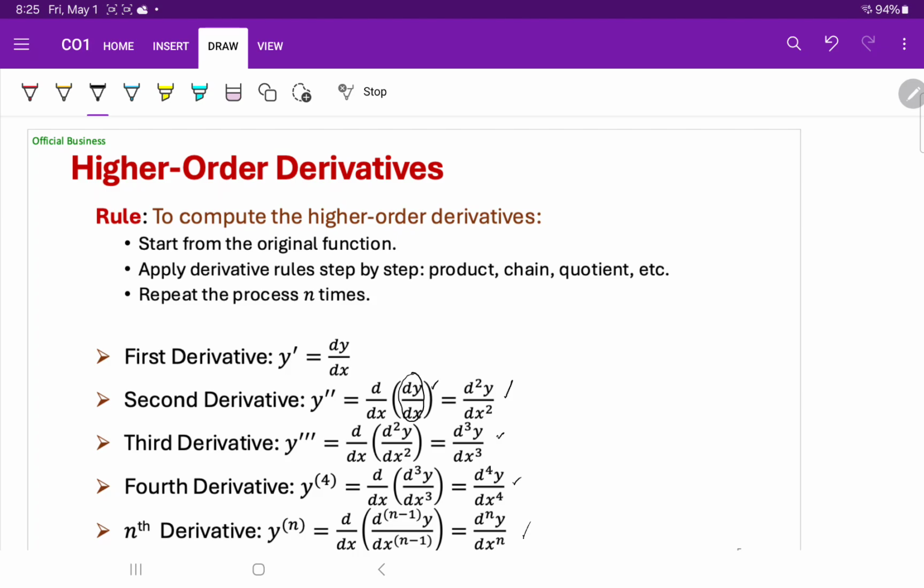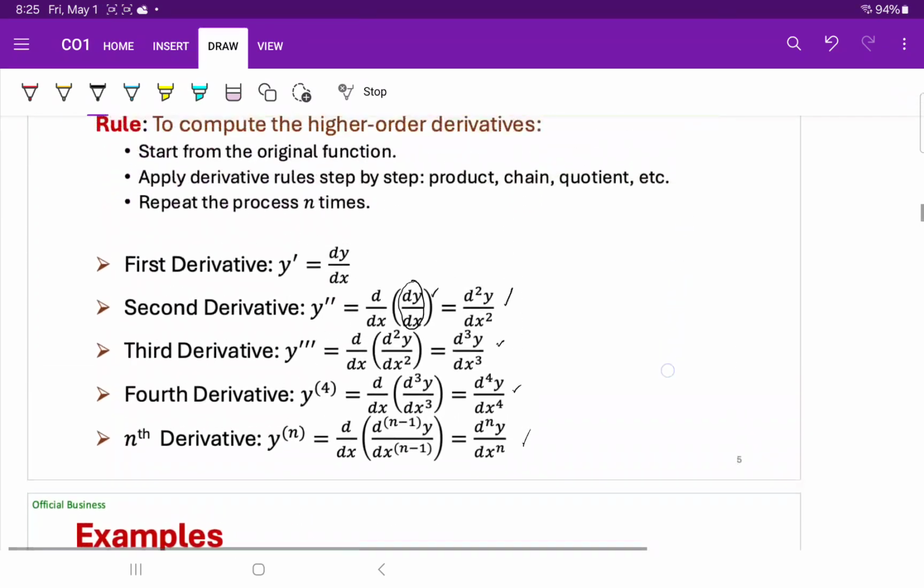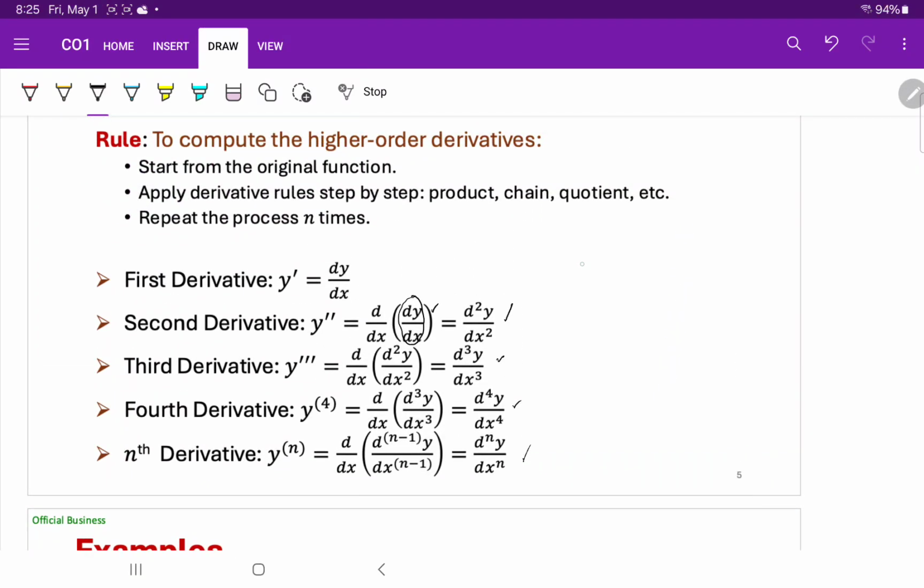In the notation, say we have y prime, then we also say f prime of x, or simply D sub x of y. Besides dy/dx, we also have y prime and f prime of x.